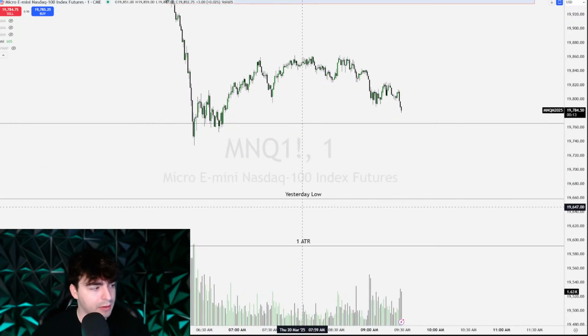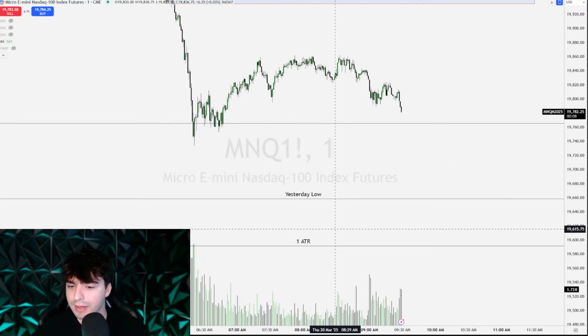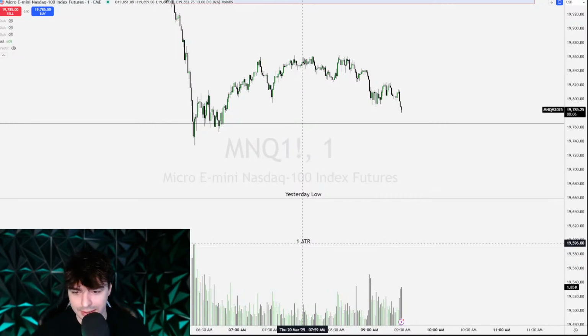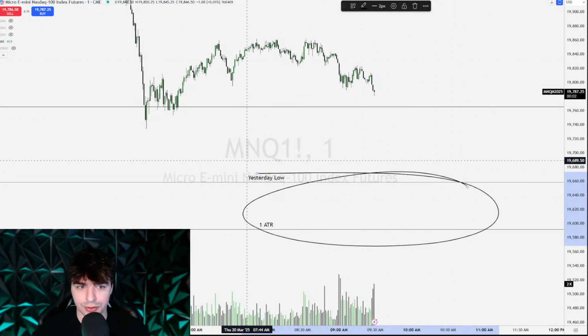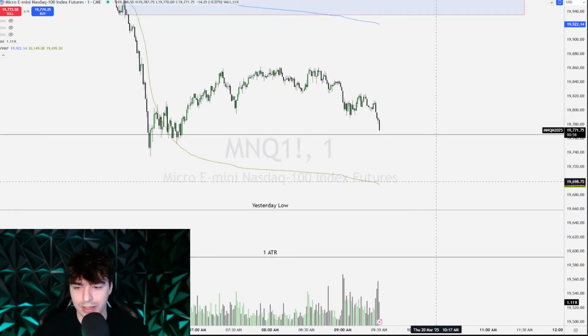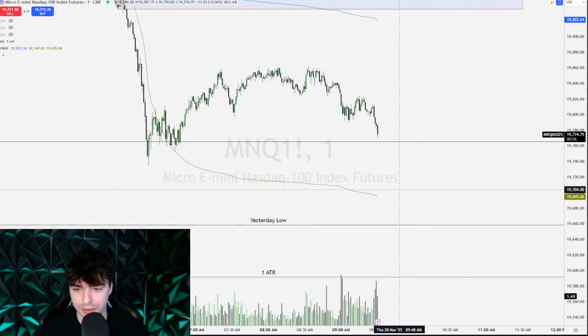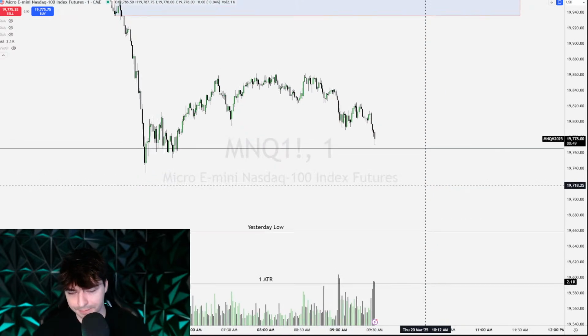Yesterday's low is right over here, as you can see, judging by the way it says yesterday's low. And then 1 ATR is down in here. So this is where price may be drawn to. Take a look at the VWAP. We'll see that the second standard deviation is down there as well. So this could be a real interesting spot for buying if we can get down there.